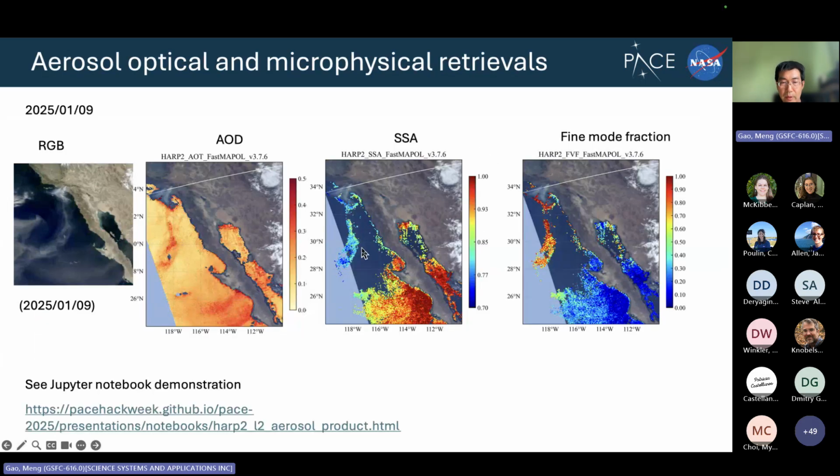We also look at more details, and Kirk has shown this example. We look at aerosol absorption, aerosol size, and other properties. The demonstrator I've been showing is actually based on this case. I won't talk too much about this. Hopefully we can use the notebooks to showcase this example.